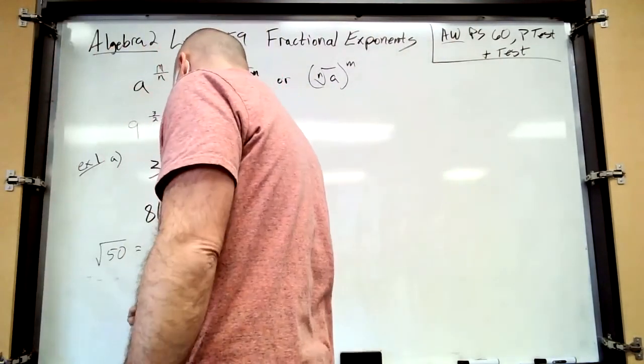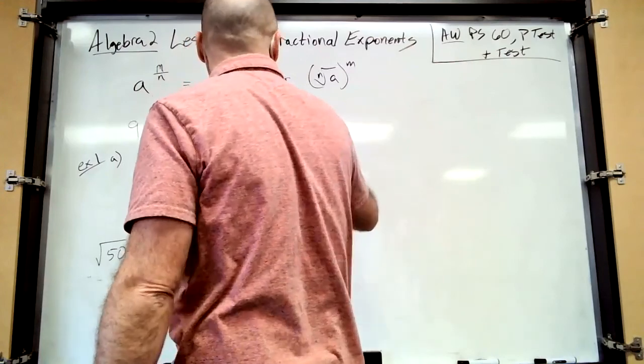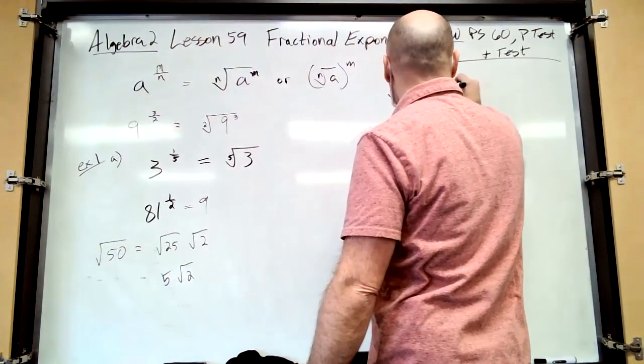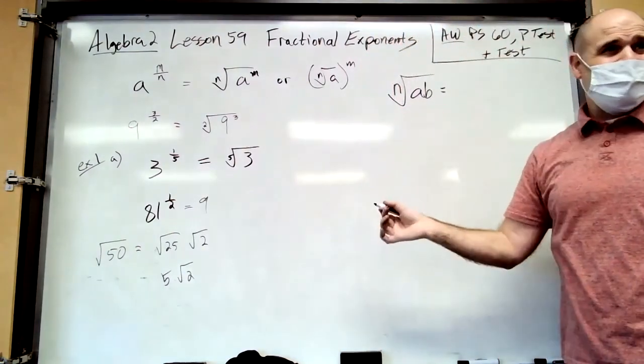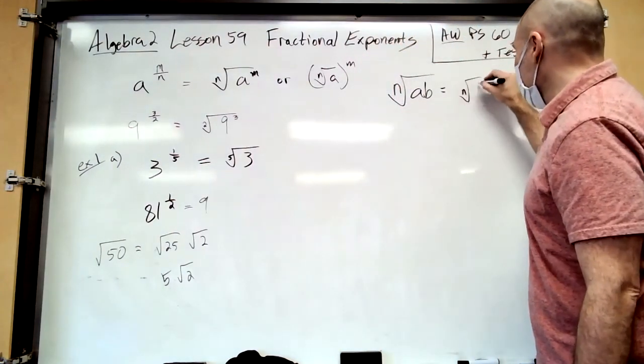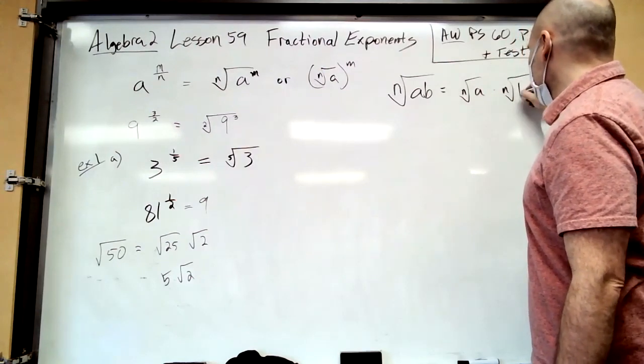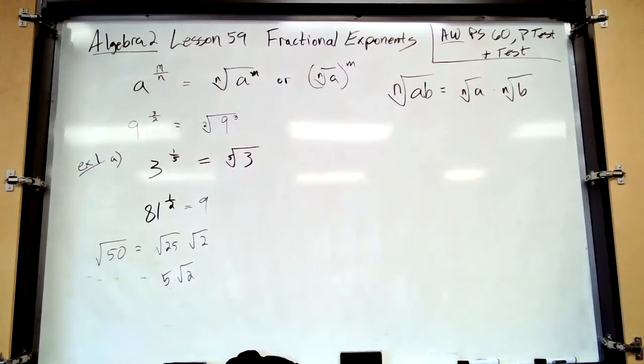So if I had the nth root of AB, you could break this up into the nth root of A times the nth root of B. Right, girls? Yes. Yep. So that's the same thing.